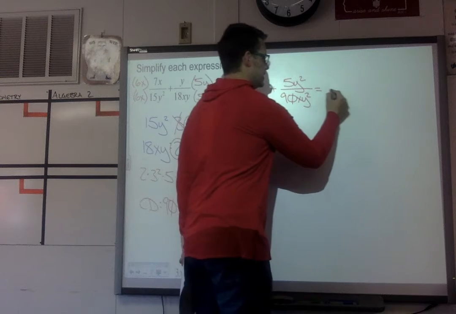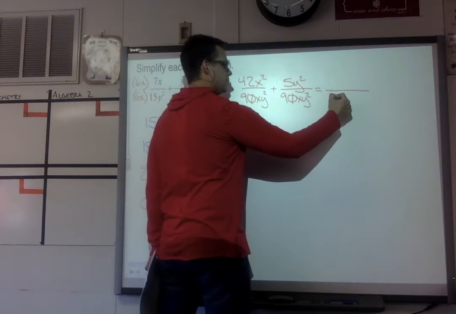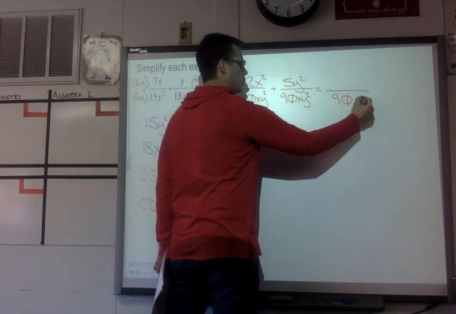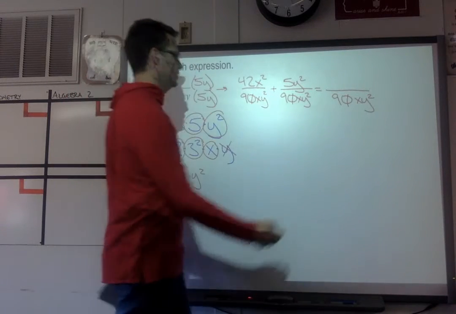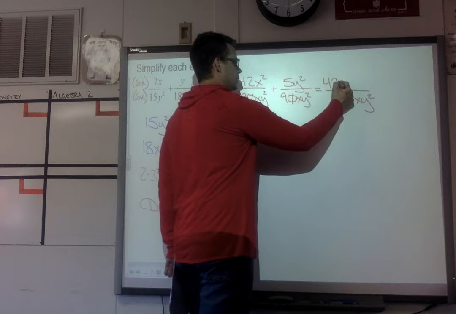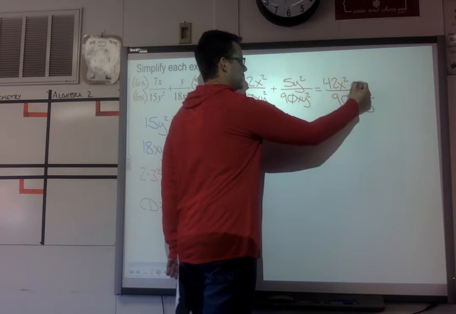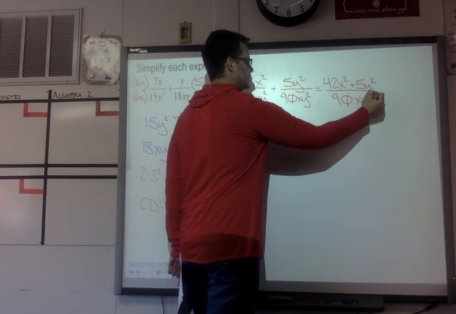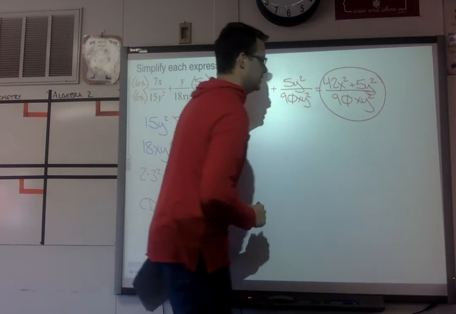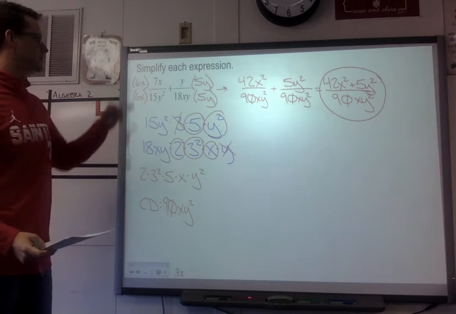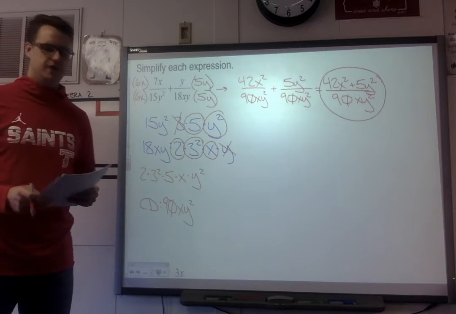Then I'm going to write it with just our common denominator on the bottom. It's going to be one term now. So 90xy squared in the denominator, in the numerator I've got 42x squared plus 5y squared. That can't be simplified anymore, so that would be our simplified version of the expression.